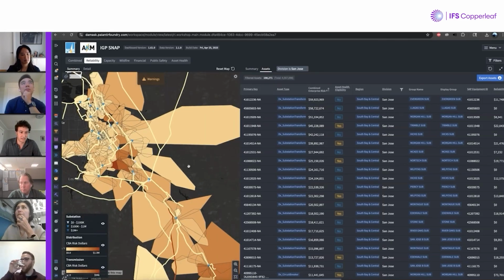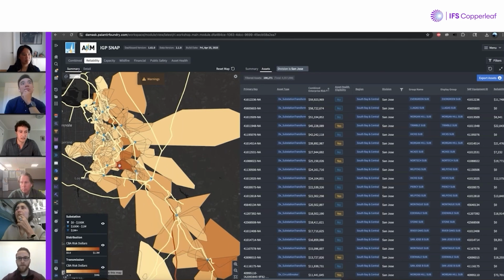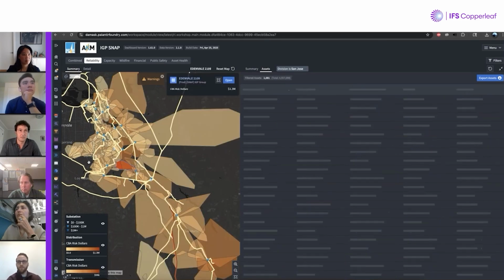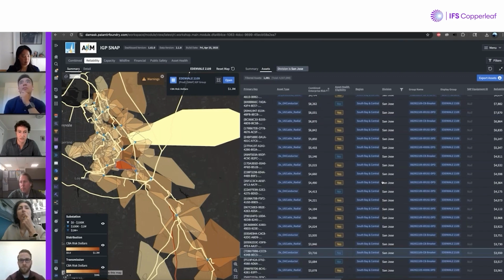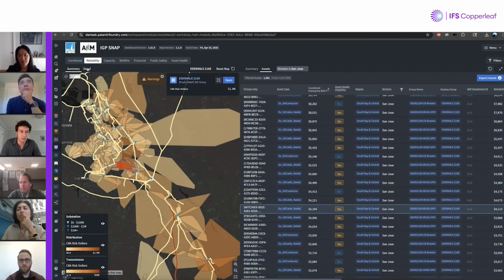Zooming in, the colors are all based on the total amount of risk. And so we could pick a particular circuit here and switch over to the detailed assets on that circuit. You can see now that there's just about 1,000 total assets that we're looking at for a particular circuit.